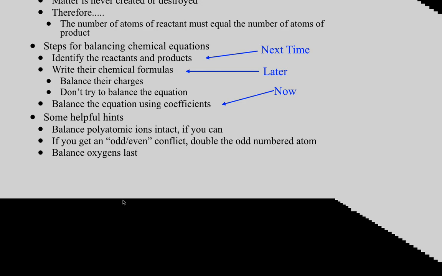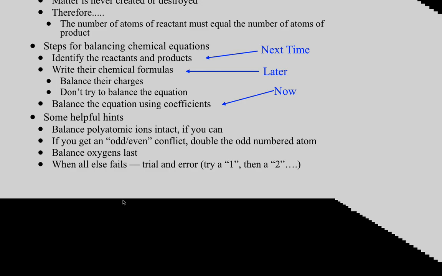Helpful hint number 3, balance oxygens last. Guys, you're going to see that there is oxygen spread all out through this thing. Never try to balance the oxygens anytime other than last. You're just digging a pit for yourself.